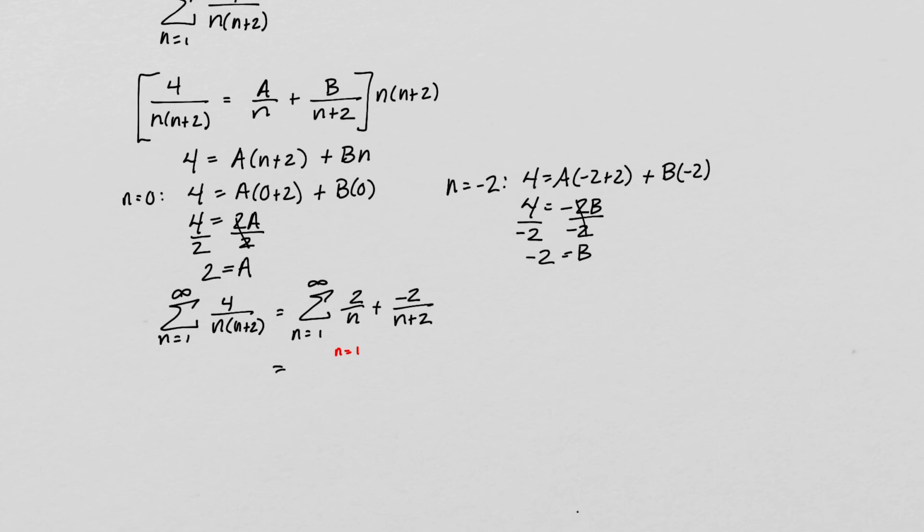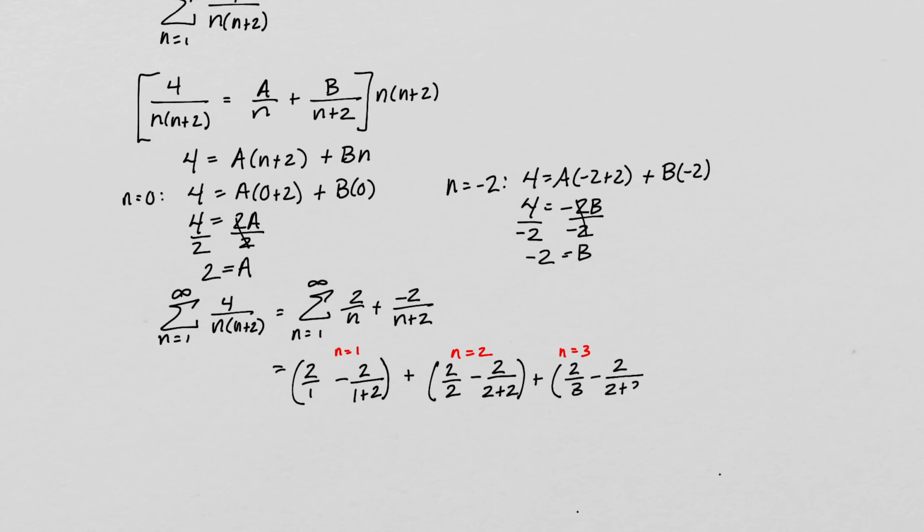When n equals 1, we're going to have 2 over 1 minus 2 over 1 plus 2. When n equals 2, we're going to have 2 over 2 minus 2 over 2 plus 2. When n equals 3, we're going to have 2 over 3 minus 2 over 3 plus 2.